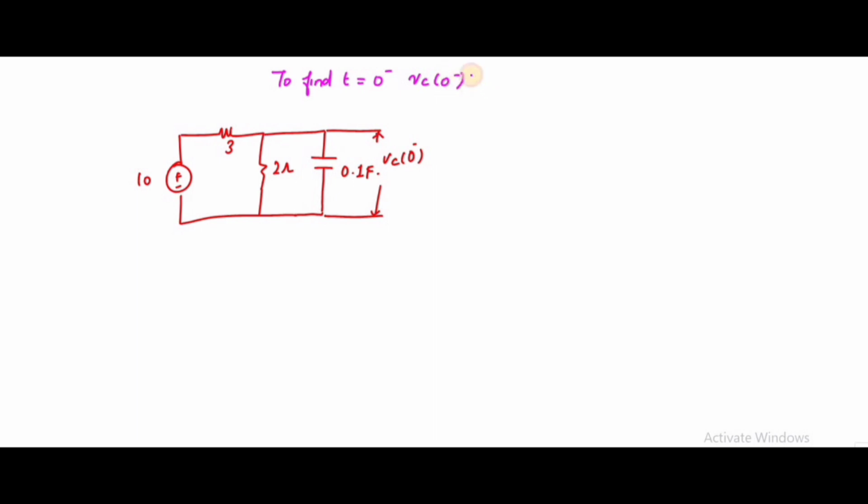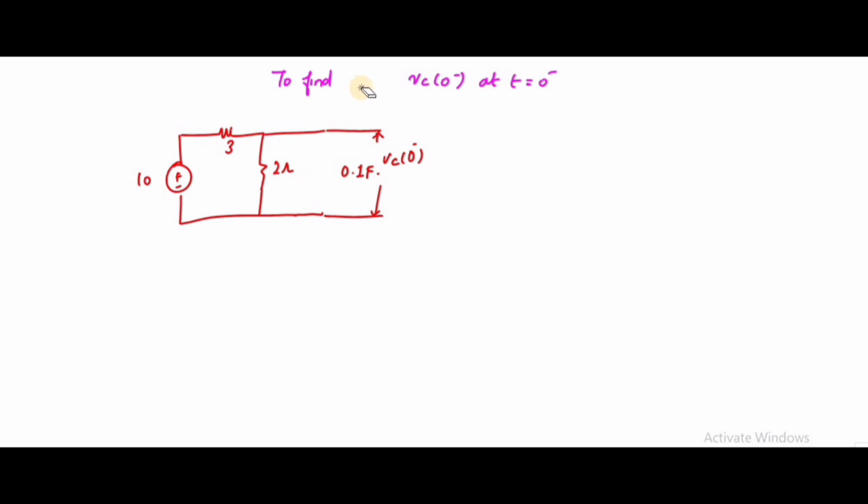To find the voltage across the 2 ohm resistor, you can apply the voltage divider rule. The 10 volt is divided across 3 and 2 ohms.